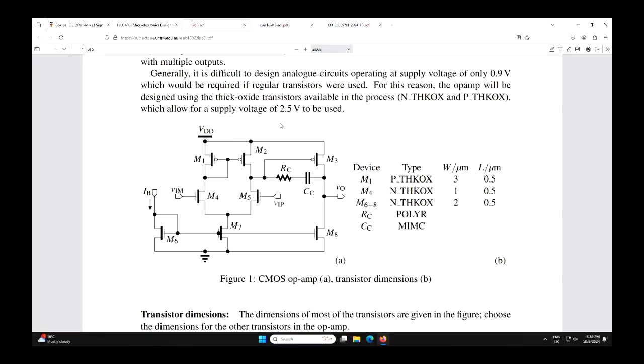So I'm going to introduce you to a few different kinds of op-amps. The first one is the current mirror op-amp.